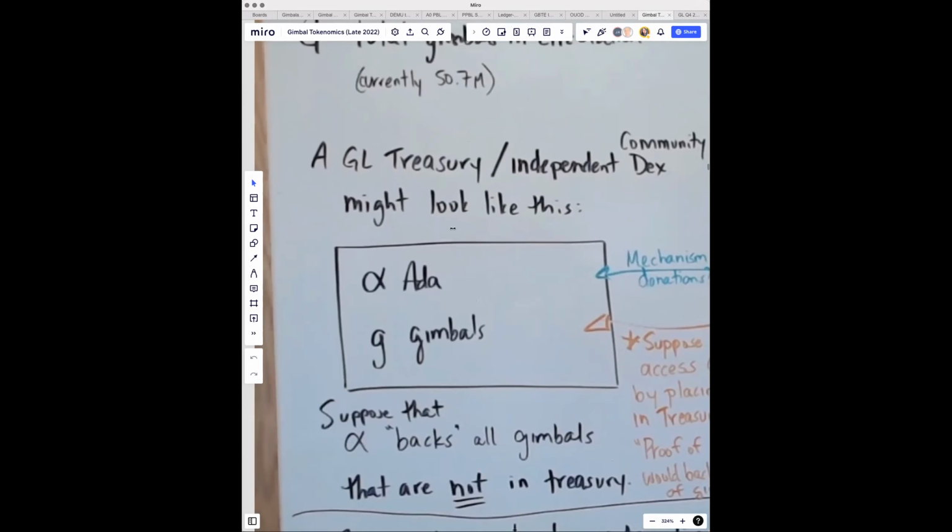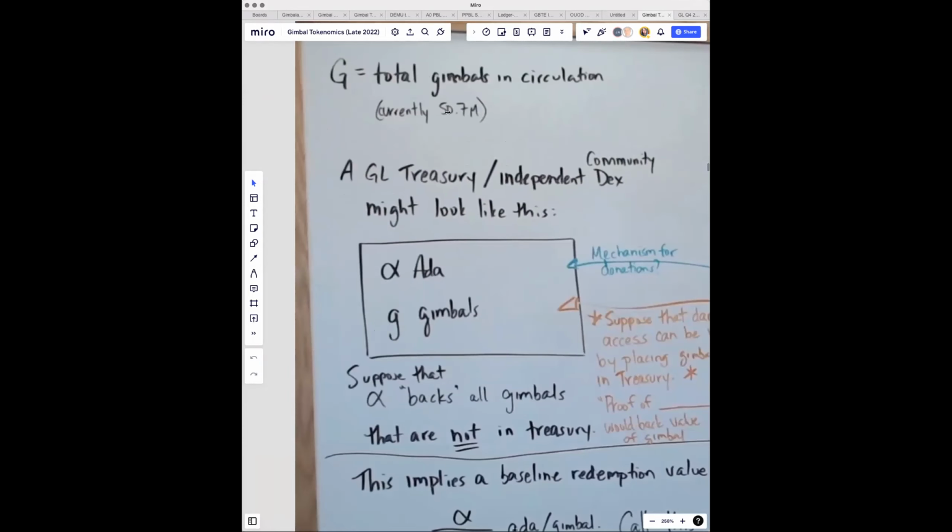So just to put numbers on this, let's just say there's a nice round 50 million gimbals in circulation, and 15 million of them are here in a treasury. That means there's 35 million gimbals outstanding. And to get the baseline value of those gimbals, you would just look at the amount of ADA in the treasury and divide it by those 35 million gimbals in circulation.